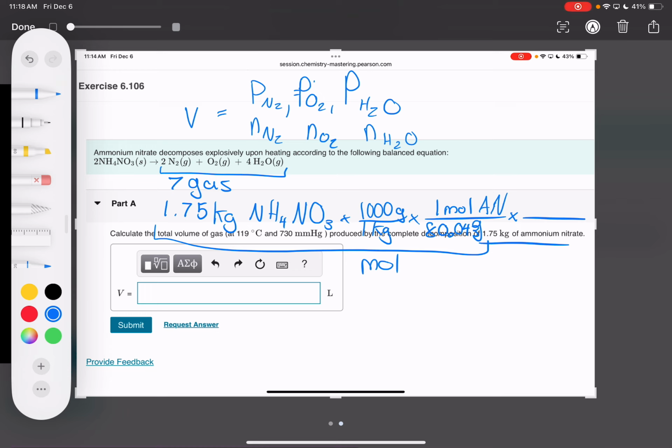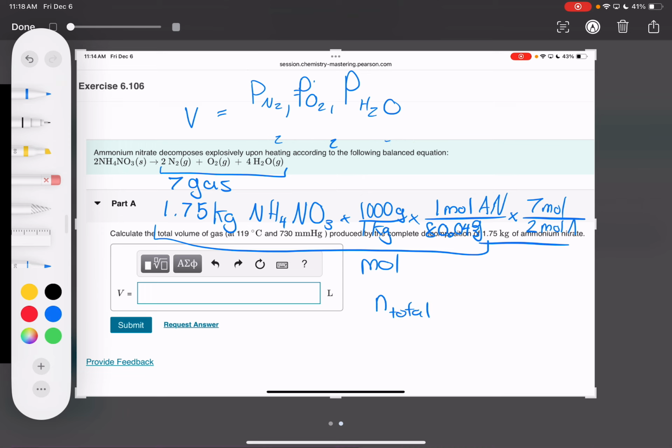So I do the stoichiometry, moles of ammonium nitrate, and then I'm going to use the balanced equation to say 2 moles of ammonium nitrate form 7 moles of gas. And that will now tell me N total.